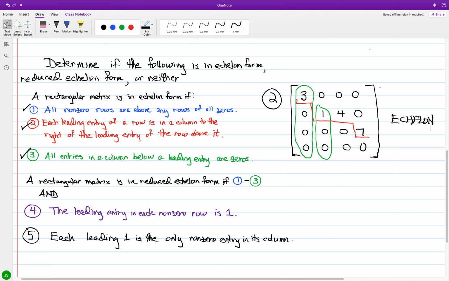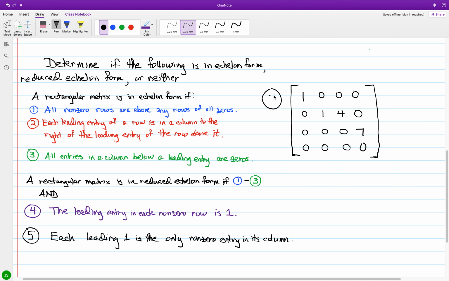And let's say that I make yet another modification, and I change this 3 to a 1. All right, only one adjustment. So for this third matrix, we again have the row of all zeros as the last row, so the first condition is met.